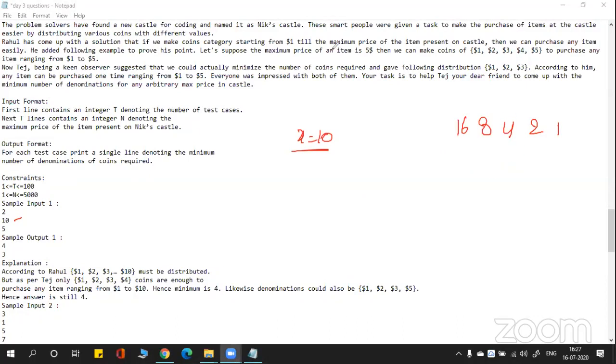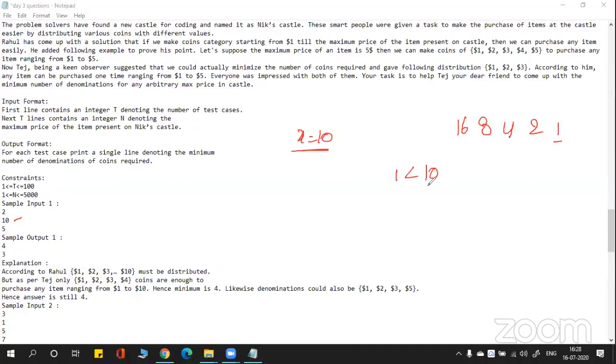First I'll take the value 1. The x value is 10. If this 1 is less than 10, okay, 1 is less than 10.